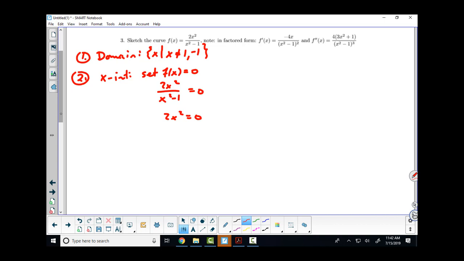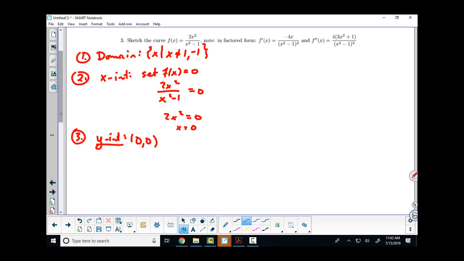And when is this numerator 0? When x equals 0. So x equals 0 is an x-intercept. At that point, we already know then what the y-intercept is. The y-intercept is the ordered pair (0, 0). Any questions on that?